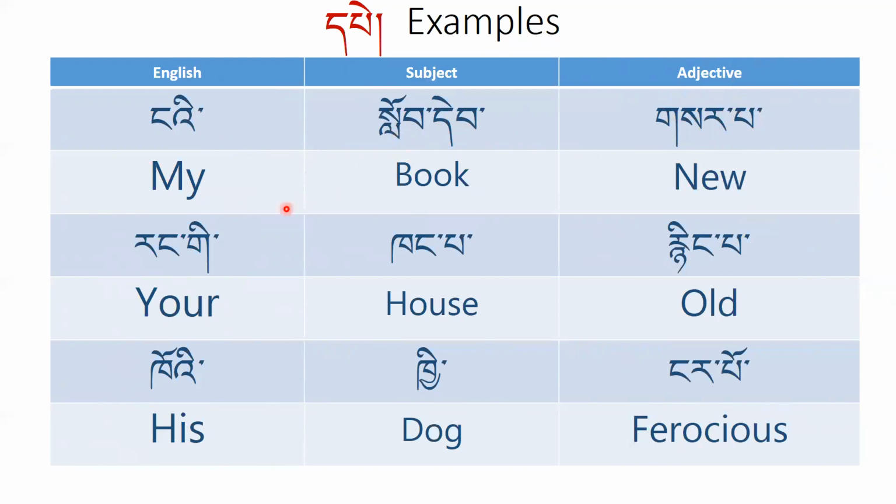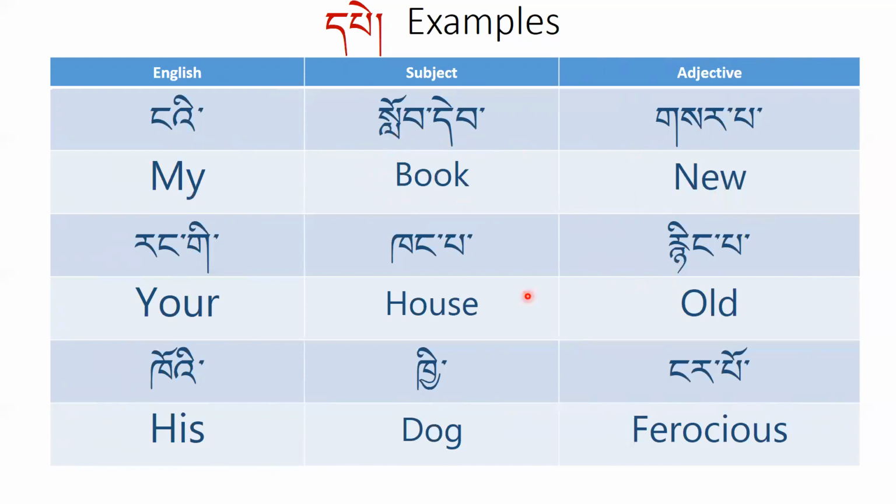So to say my new book, in Tibetan we actually say my book new. So nge means my, loptip, book, sarba, new. Nge loptip sarba, that's my new book, or my book new.